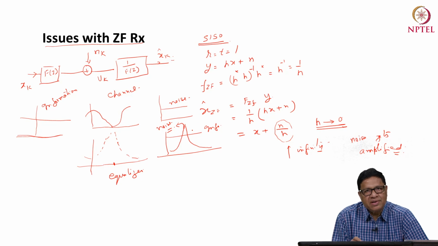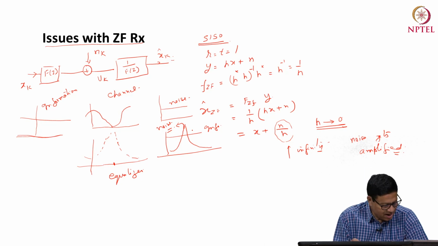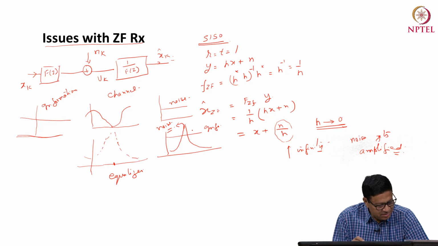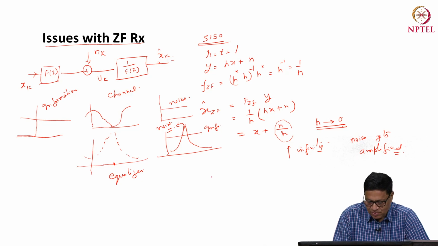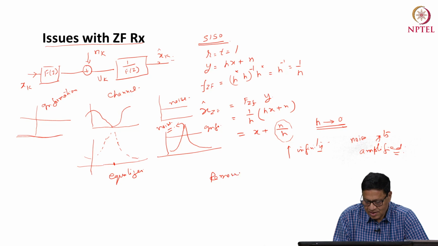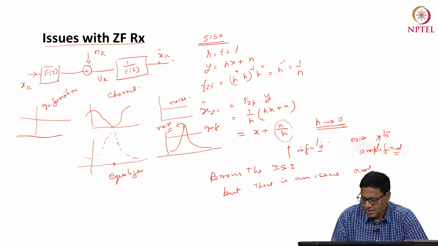So this is the drawback of a zero forcing receiver. Whenever h is tending to 0 or close to 0, at that point the noise gets amplified. It is able to remove the ISI completely, but there is an issue of noise amplification whenever the channel coefficient is tending to 0 or close to 0.